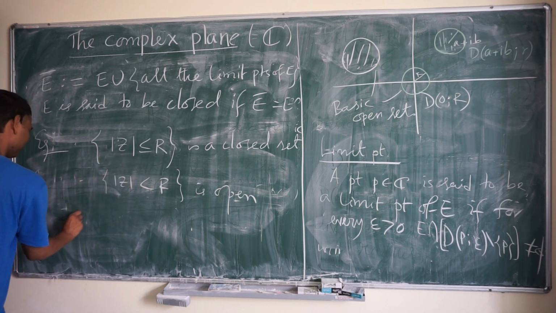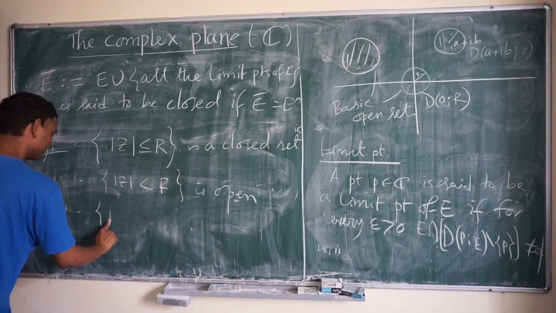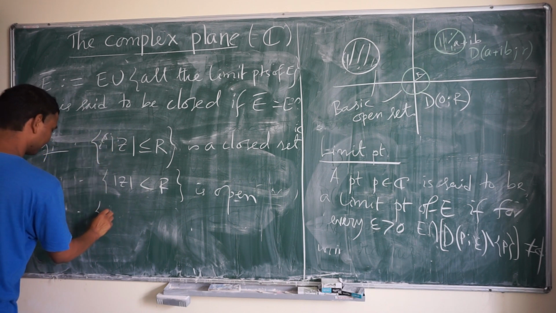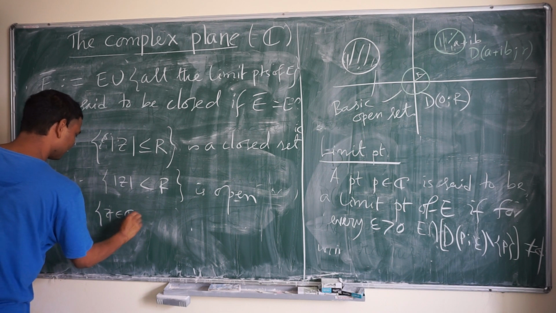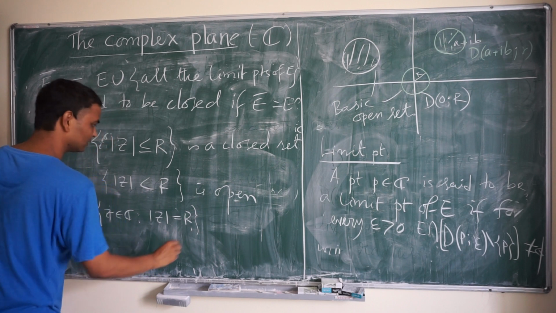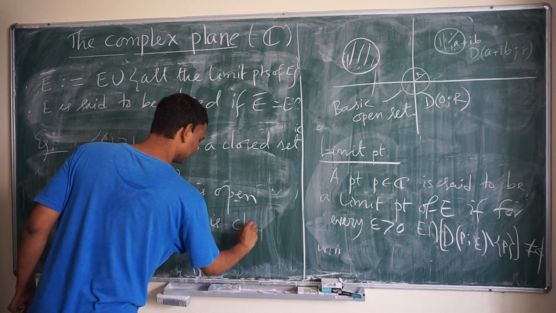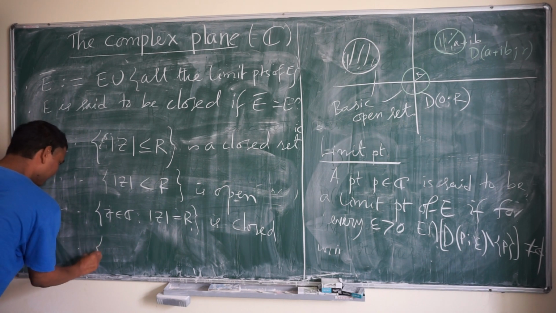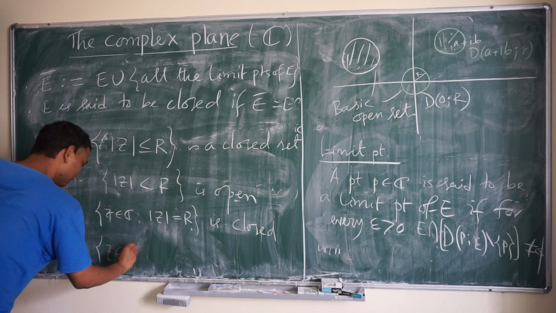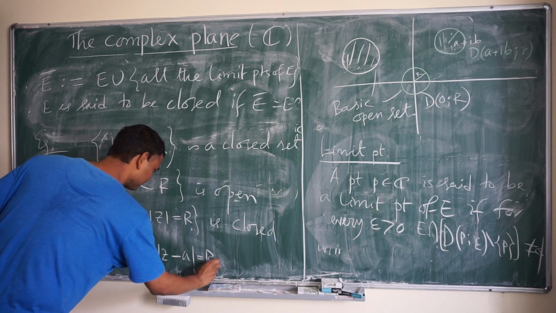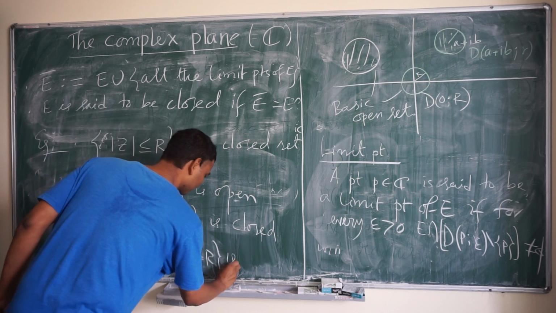So even this, mod Z equal to R, which means Z in C such that mod Z equals R, is also closed. Similarly, if you want to translate this, Z in C such that mod of Z minus A equals R is also closed.